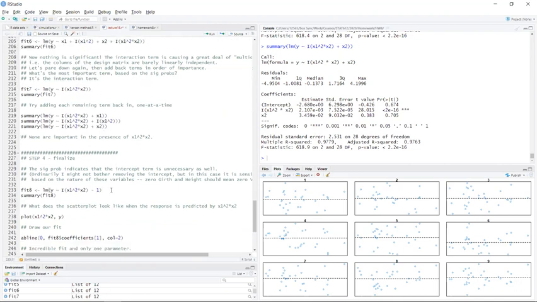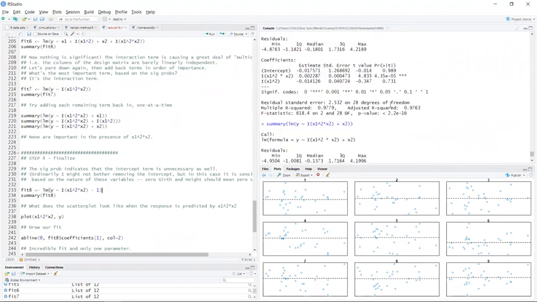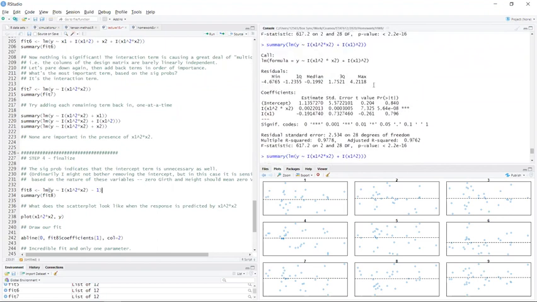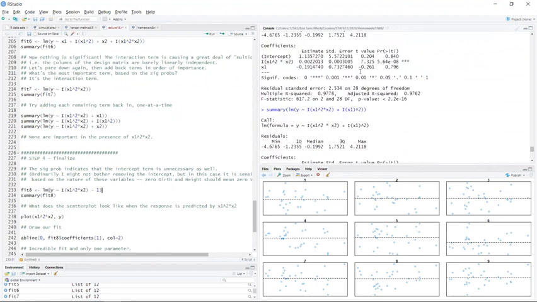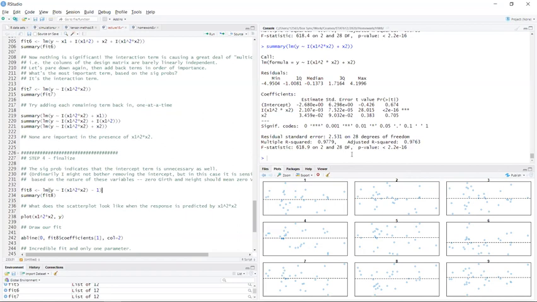And in fact, just for the heck of it, we're also seeing that the intercept doesn't matter. And I said we don't usually care about that. We don't usually want to drop the intercept term. But in this case, if you think about the nature of the data, we're trying to predict the volume of timber that you would get from a tree given its girth and its height.